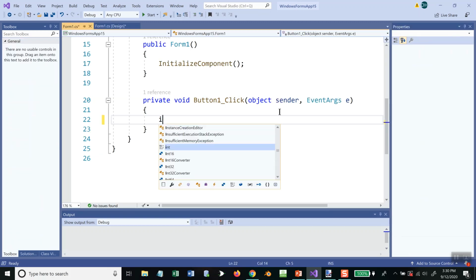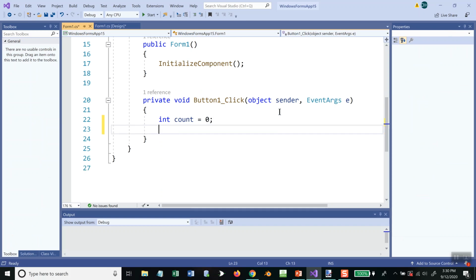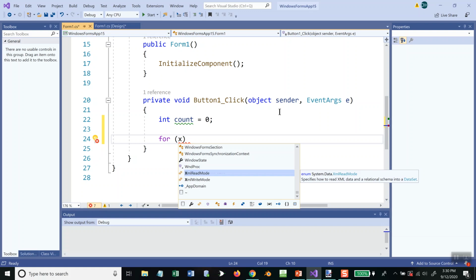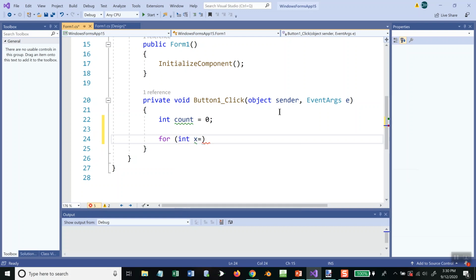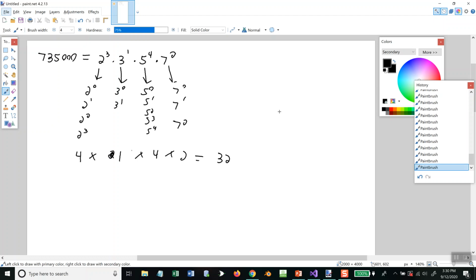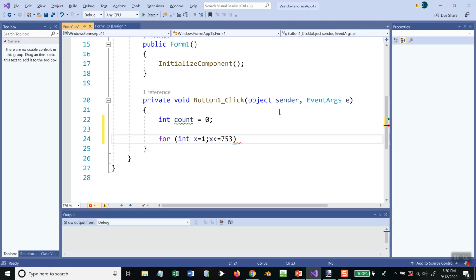And the count equals 0. And I'm going to loop for int x equals 1. I'm going to include 1. X is less than or equal to 735,000. X plus plus.